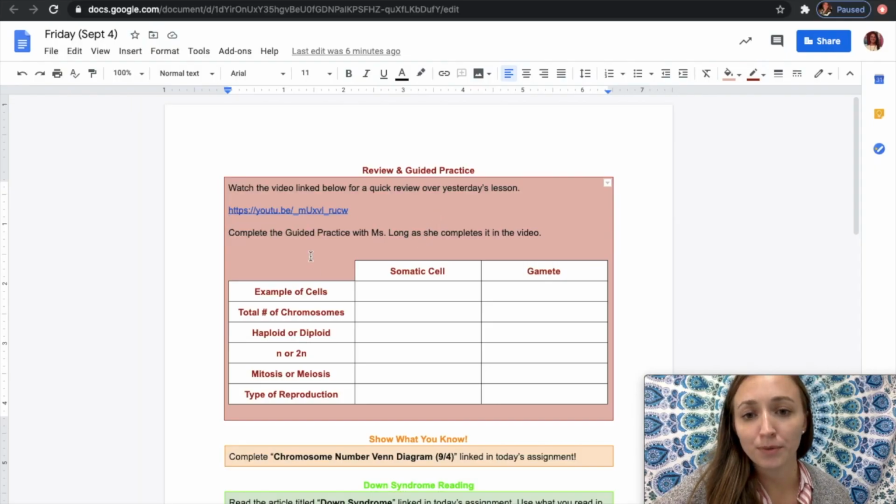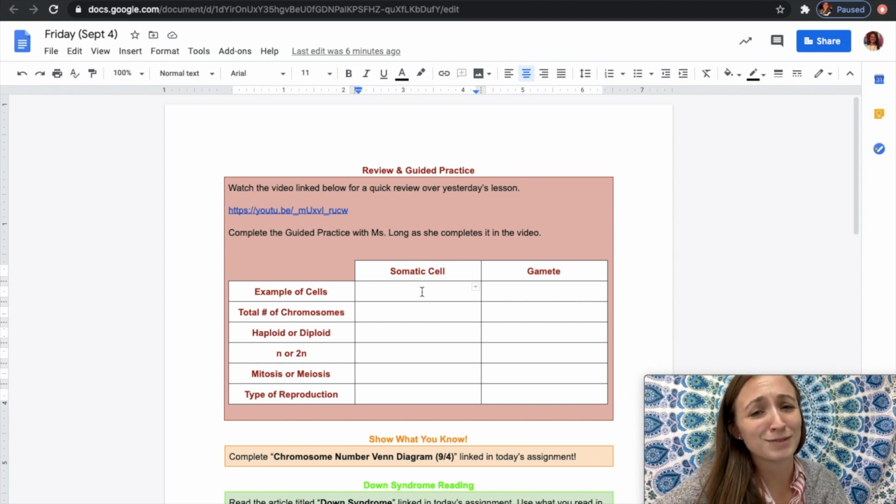Alrighty, let's go through this guided practice. We're going to fill out this table. It says somatic cells, those are your body cells, and gametes, your sex cells, and we're going to answer these little questions in this table. What is an example of this type of cell?